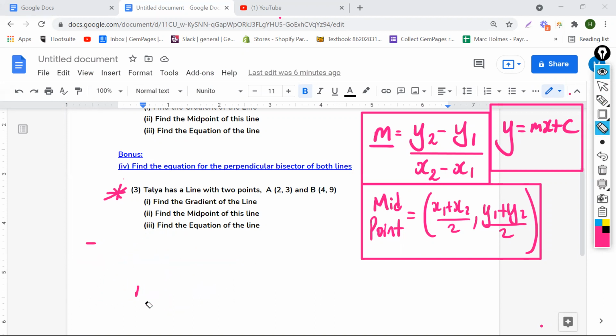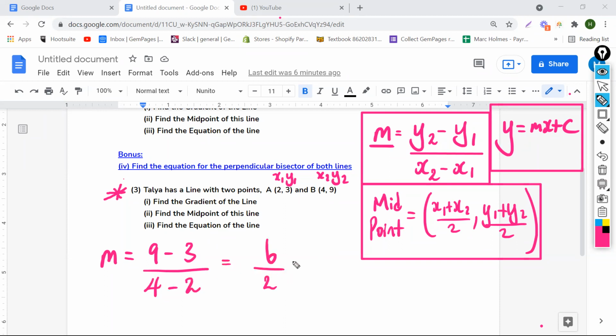All right, guys. First thing, we need to find m. And this is x1, y1, x2, y2, right? So how do we find it? Of course, we use the formula. We're going to say 9 minus 3 over 4 minus 2. This should give us 6 over 2, which is 3. So the gradient m is equal to 3.